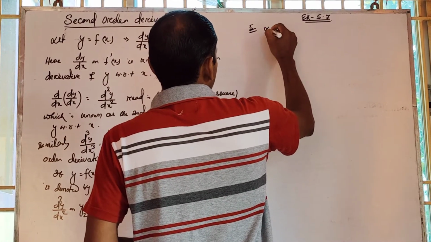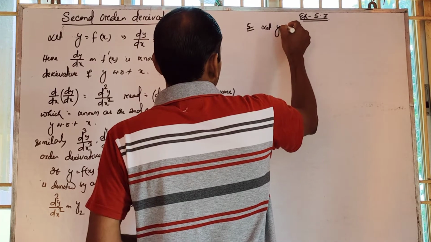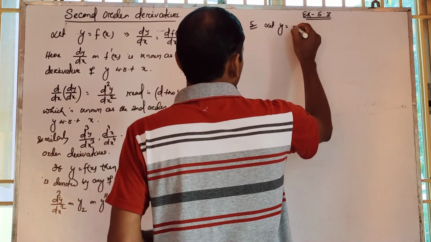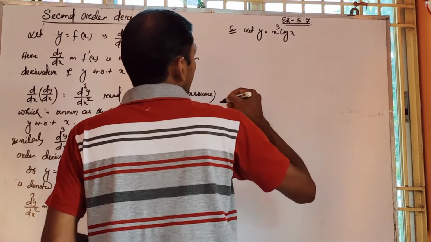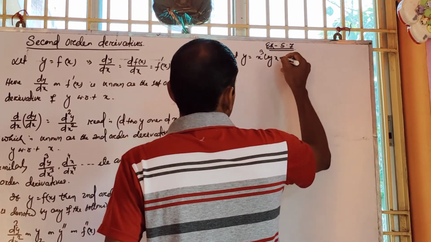Here we write, let y equal to x cube log x. Okay. This is 1.